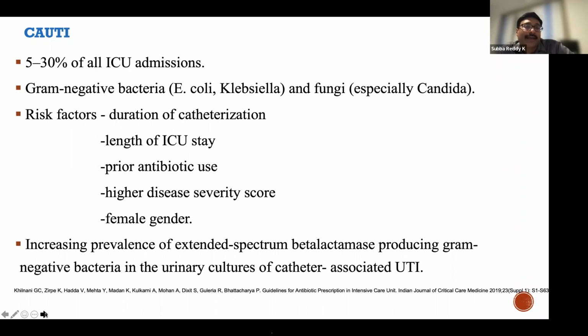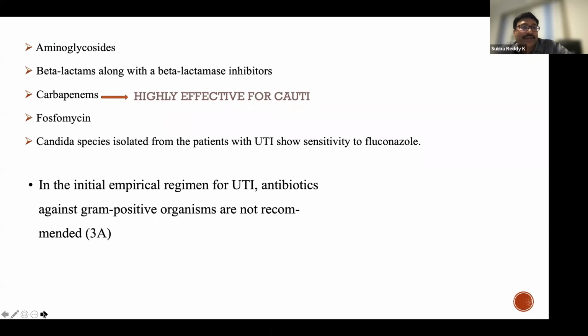The most common bacteria causing CAUTI are E. coli, Klebsiella and fungi like Candida. The risk factors are duration of catheterization, length of ICU stay, prior antibiotic usage, higher disease severity scores, female gender, and the prevalence of ESBLs, multi-drug resistant bacteria causing UTI, is very, very high. And what are the antibiotics we have?